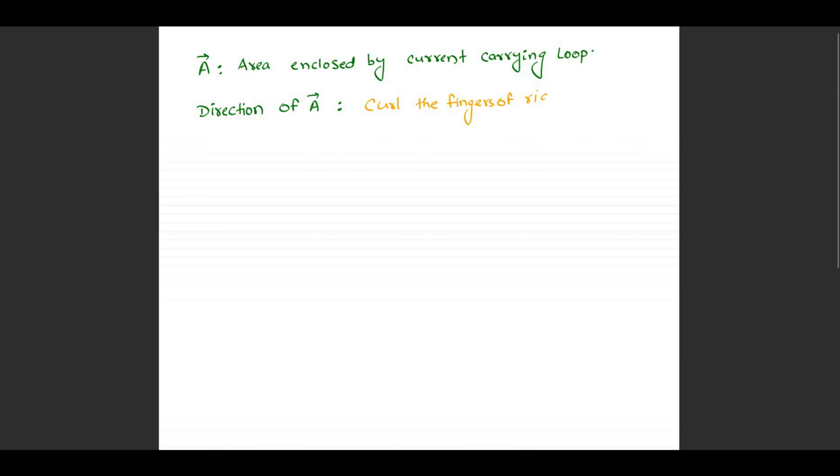A is nothing but area enclosed by current carrying loop. Direction of area vector: curl the fingers of right hand in the sense of current.